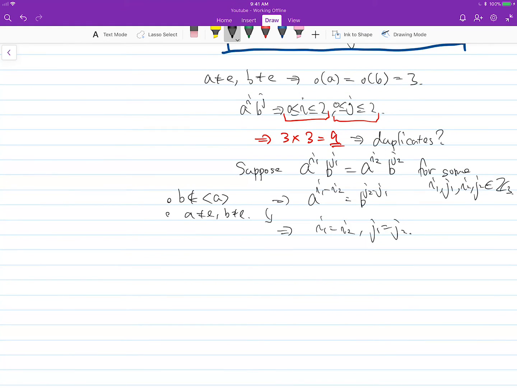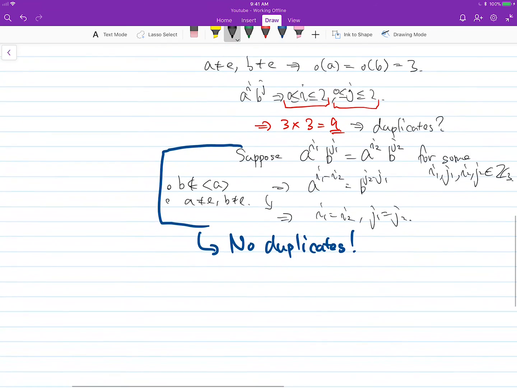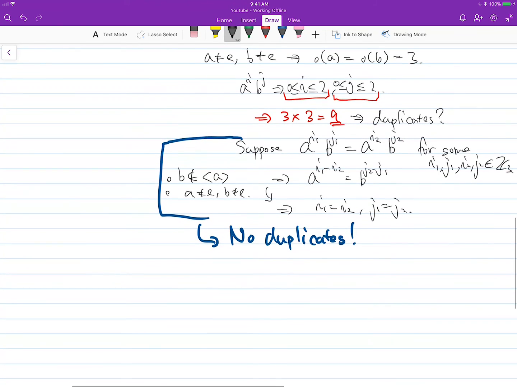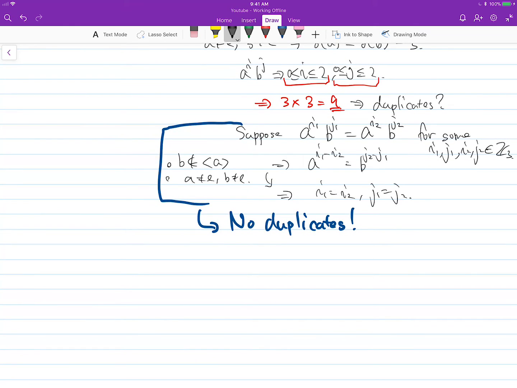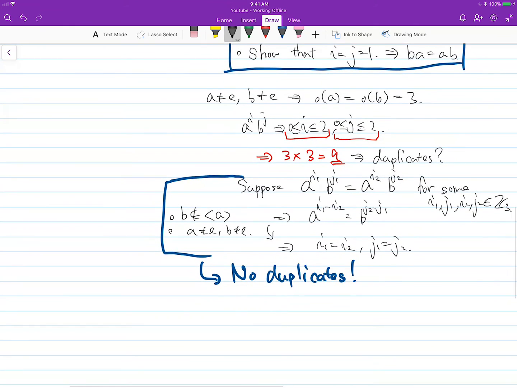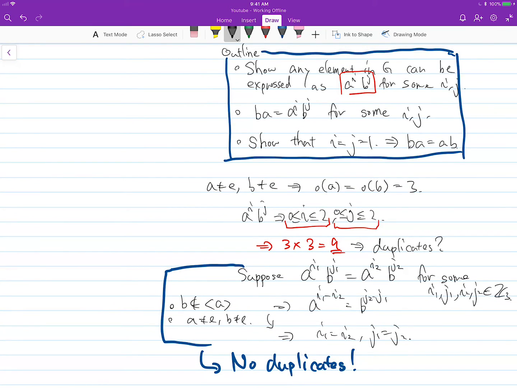So this argument implies that there are no duplicates. So this argument achieves the first goal, that is, we can express everything in G as A to the I and B to the J.